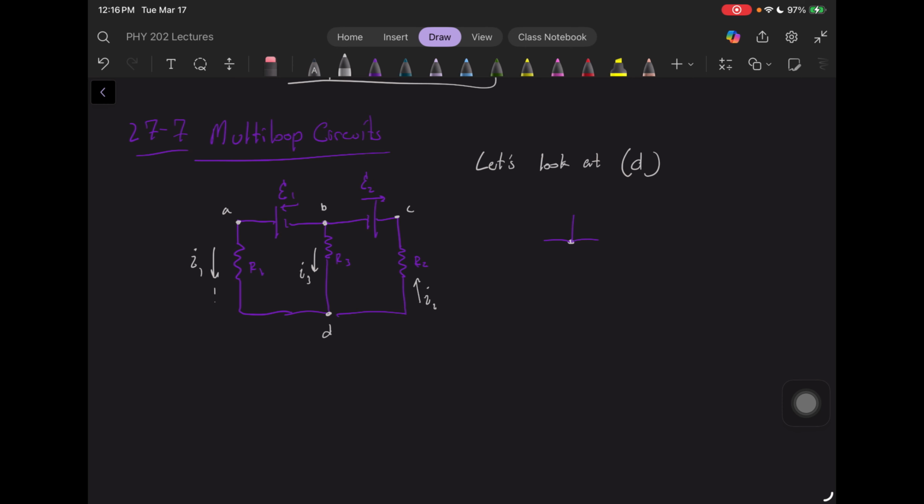If we continue the direction of I1, we see I1's going into D, I2's going out, and I3 is going in. That tells us I1 plus I3 is equal to I2. And so that's the junction rule.